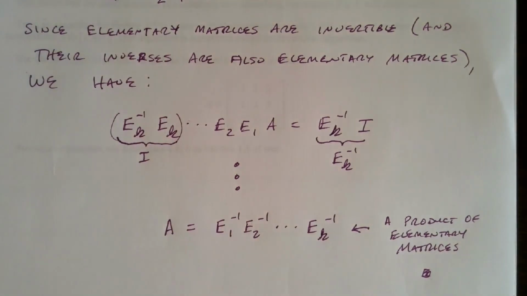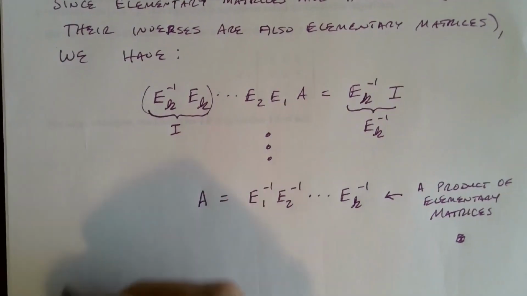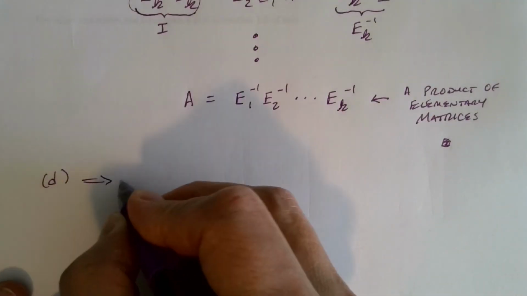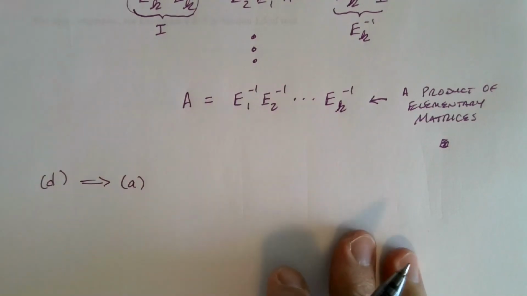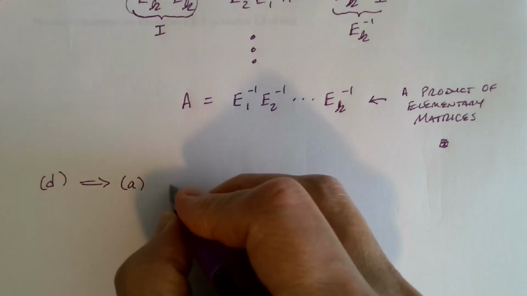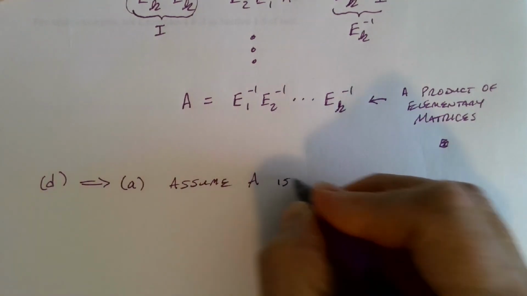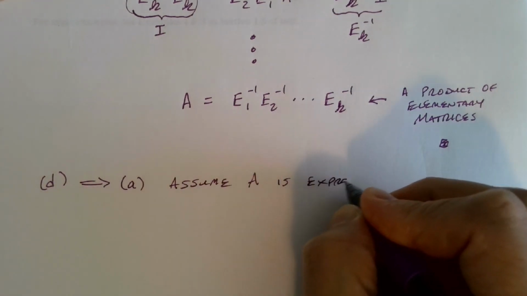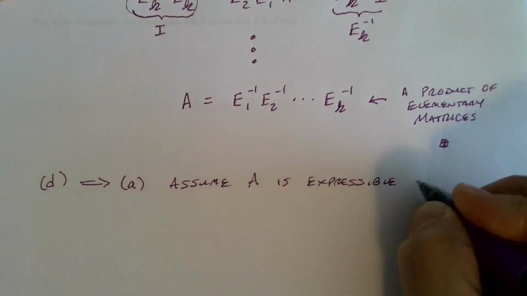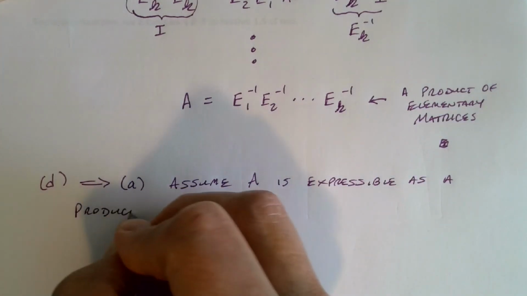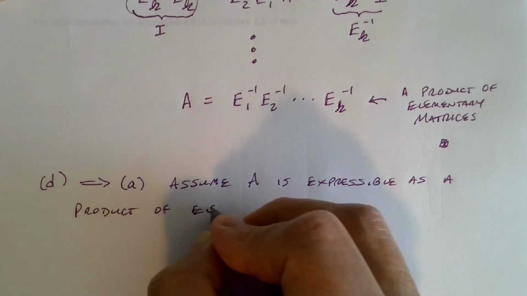All right, so the last leg then is assuming D, show that that implies A. So D was what we just proved, so we're going to assume that A is expressible as a product of elementary matrices.